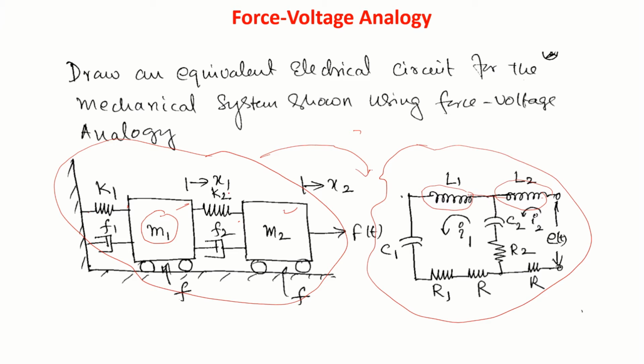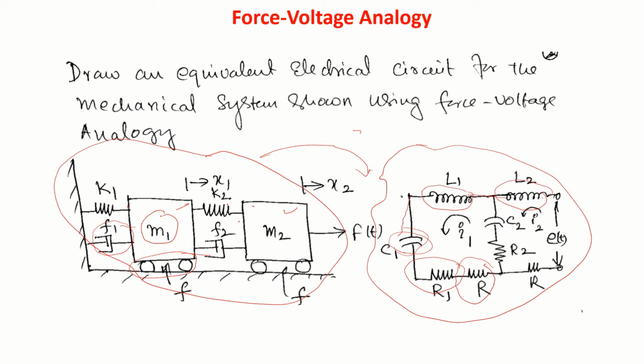The spring is in series, so a capacitor in series. Next, this damper is in series, so here also the resistance is in series. Next, this damper is in series, so here also this damper is in series.